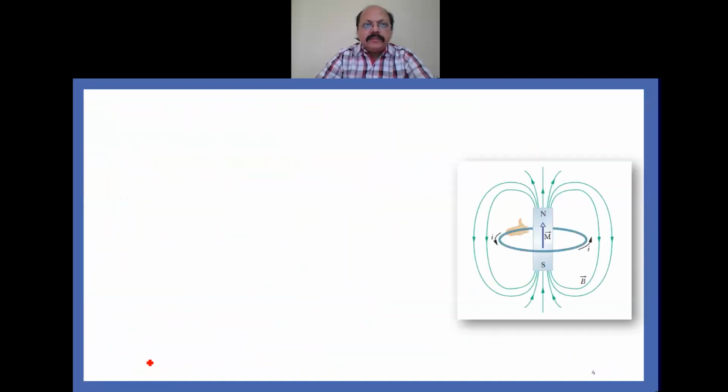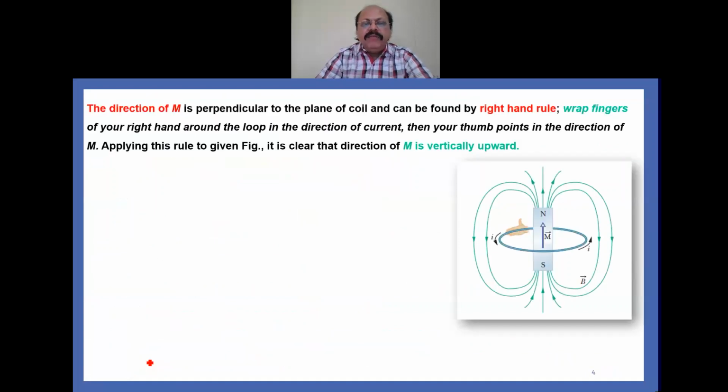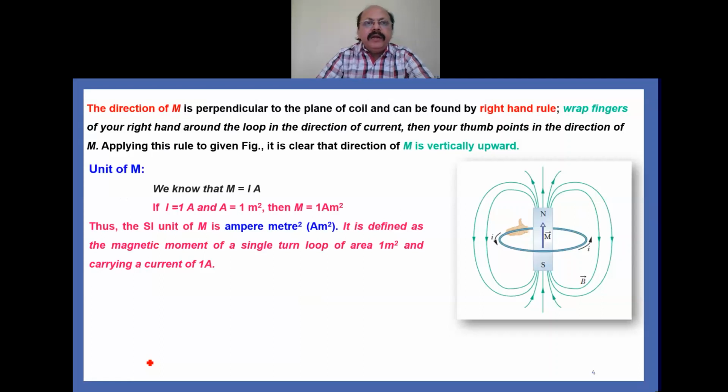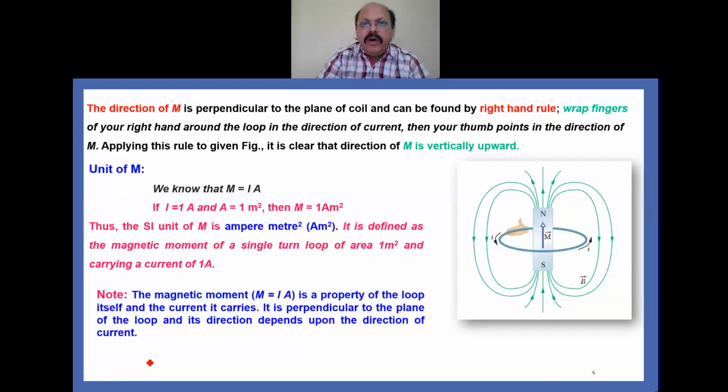Now the direction of the magnetic dipole moment is always perpendicular to the plane of the coil, and can be found by the right hand rule. And what is the right hand rule? Wrap the fingers of your right hand around the loop in the direction of the current.